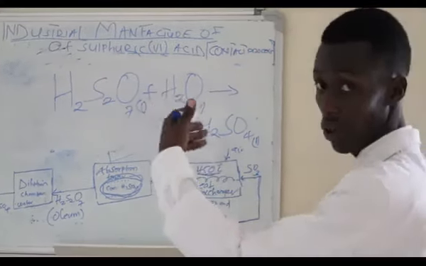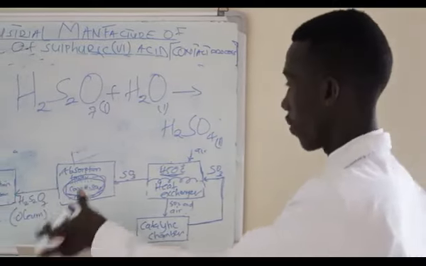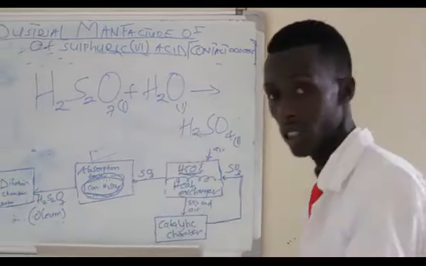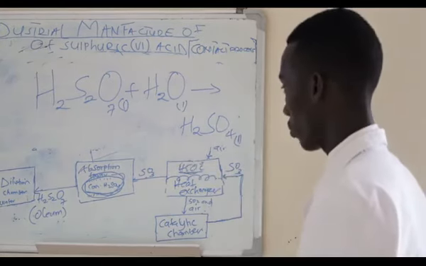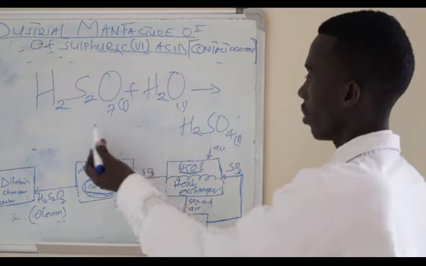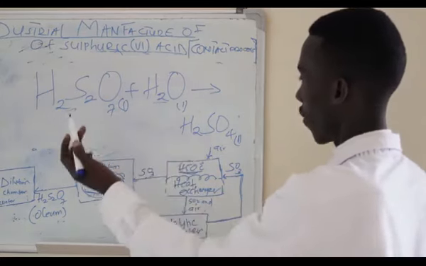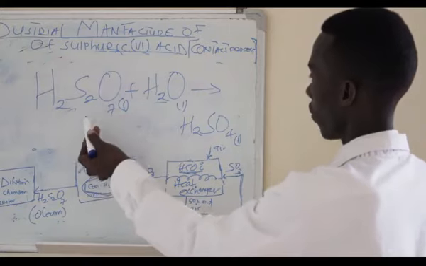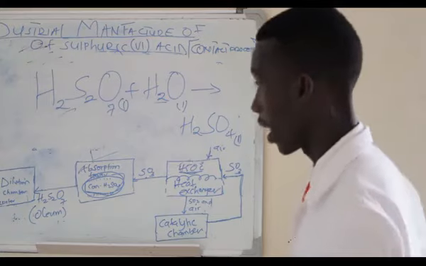Then you count the number of atoms of the elements on this side and on this side, then you balance them. We have 2 plus 2 is 4 hydrogens. Sulfur: we have 2 sulfur atoms on one side and 1 on the other, meaning the sulfur is not balanced.